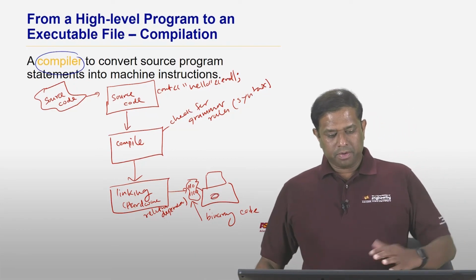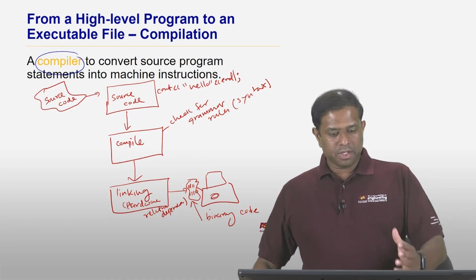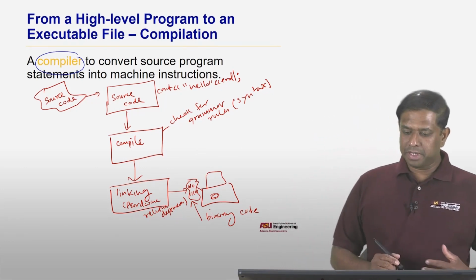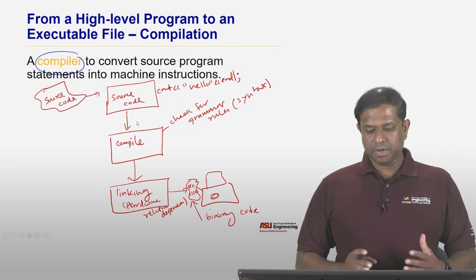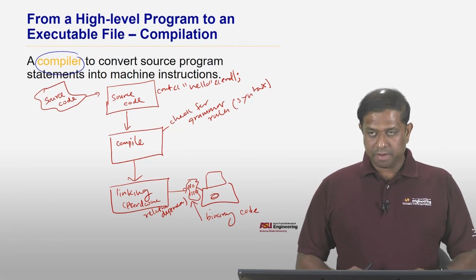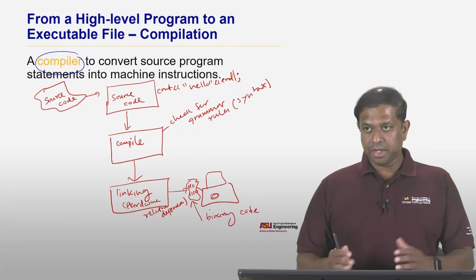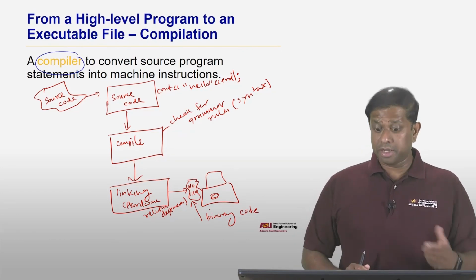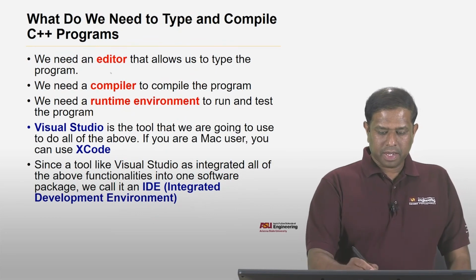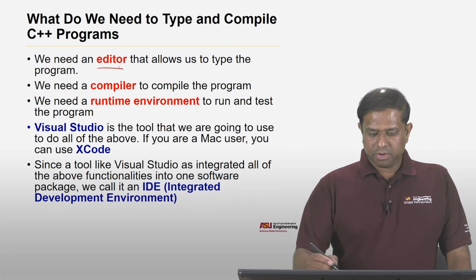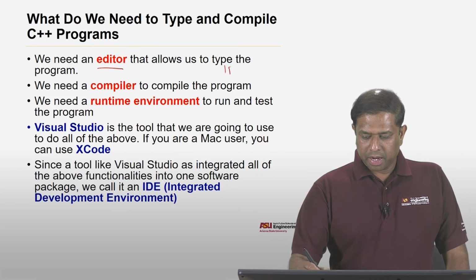Now in order for us to follow this process, we need something that helps us do it, because we need a way to type the program, save it, compile it, link it, and then produce the executable code. For that we have what are called editors or IDEs.